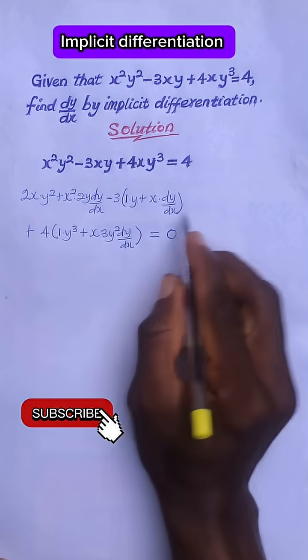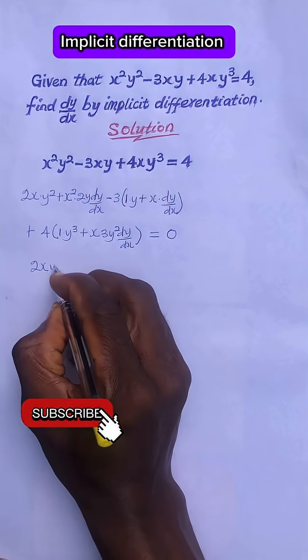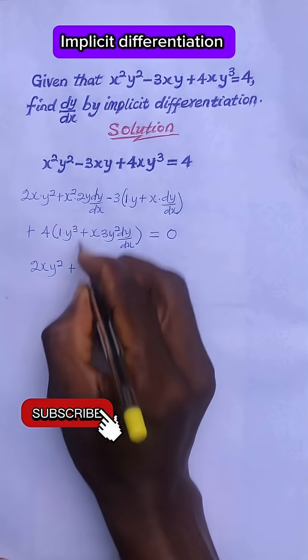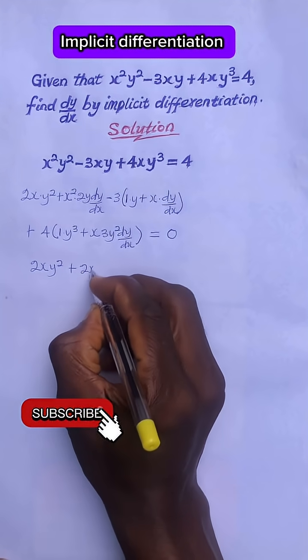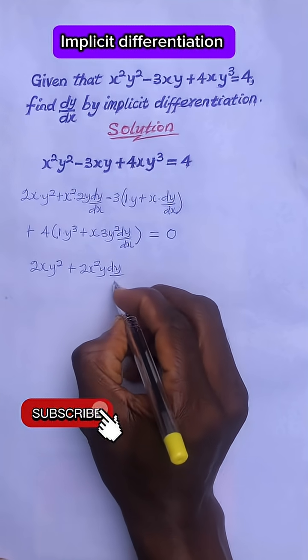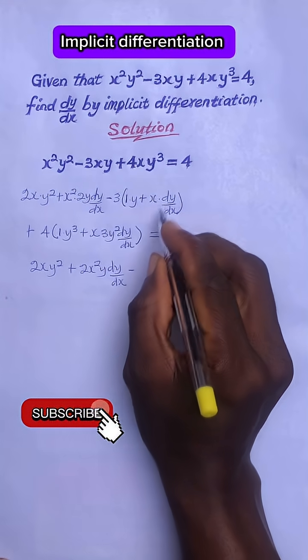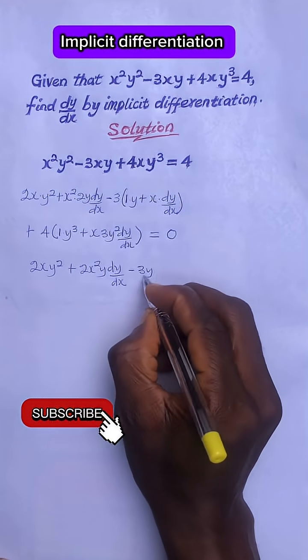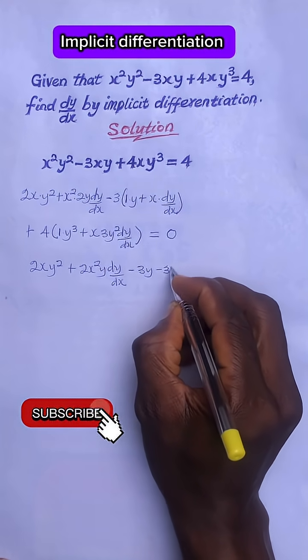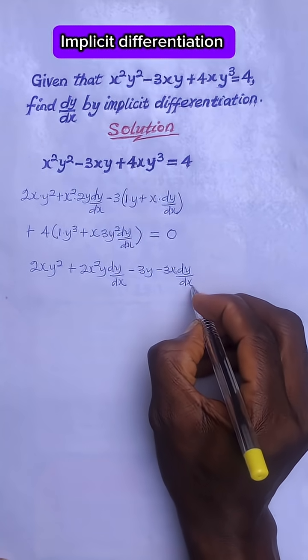Now we are going to expand the bracket. We have 2xy squared plus this becomes 2x squared y dy/dx, minus, multiplying everything in the bracket, we have 3y minus 3x dy/dx.